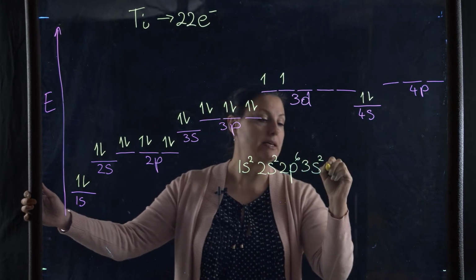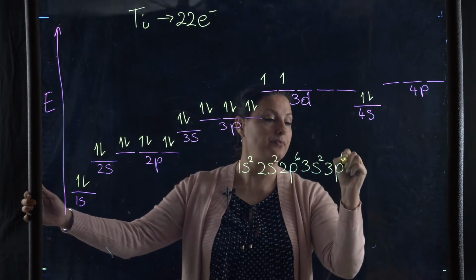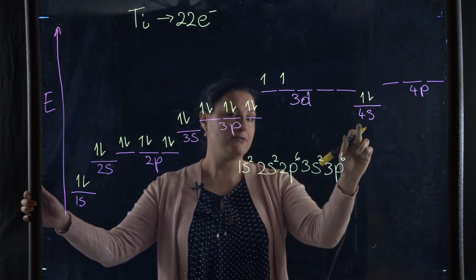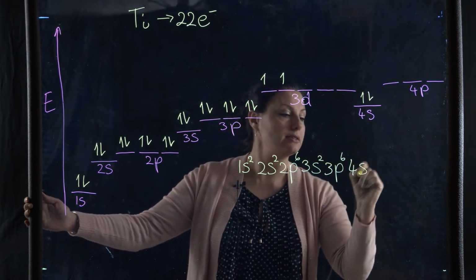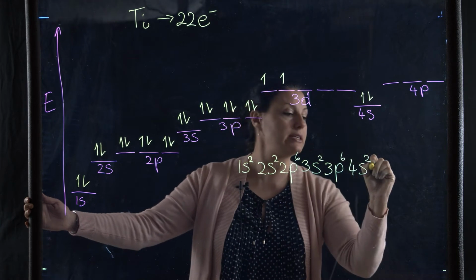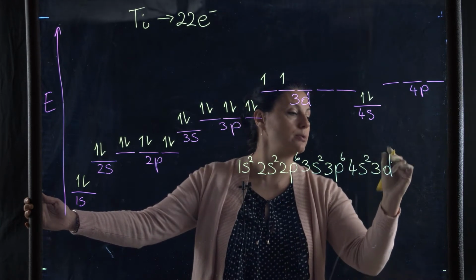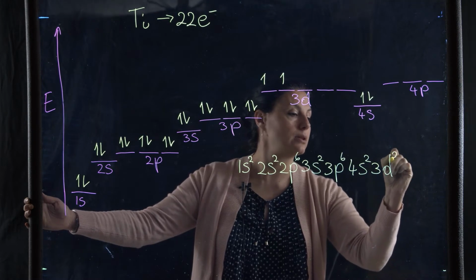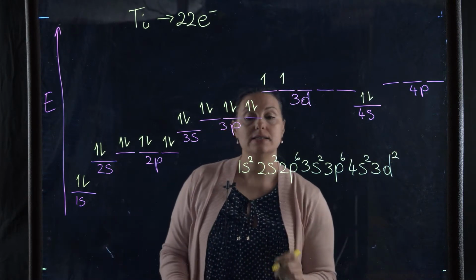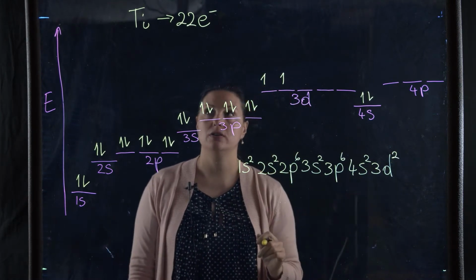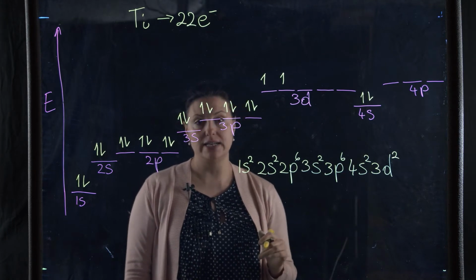The 3p has 6. The 4s has 2, and then the 3d also has 2. Okay, this is the full electron configuration of titanium.